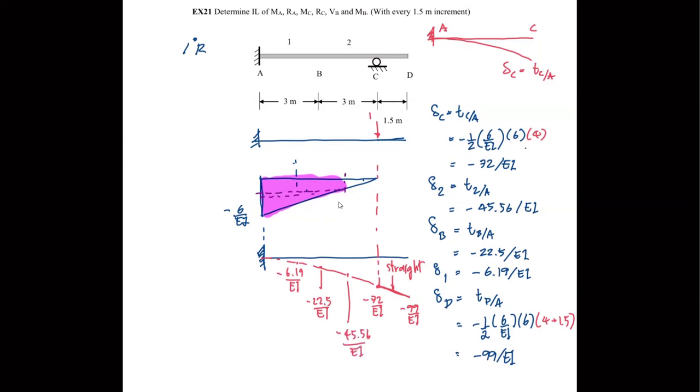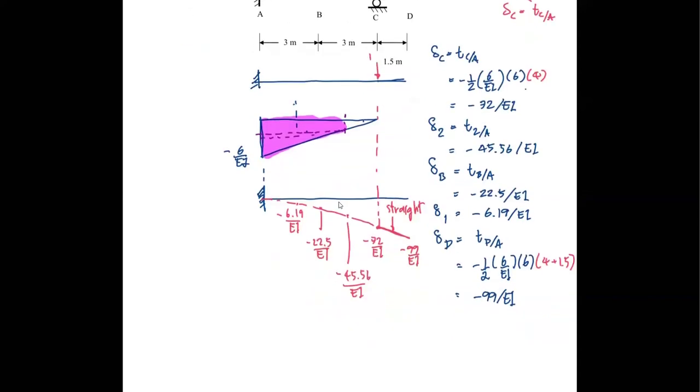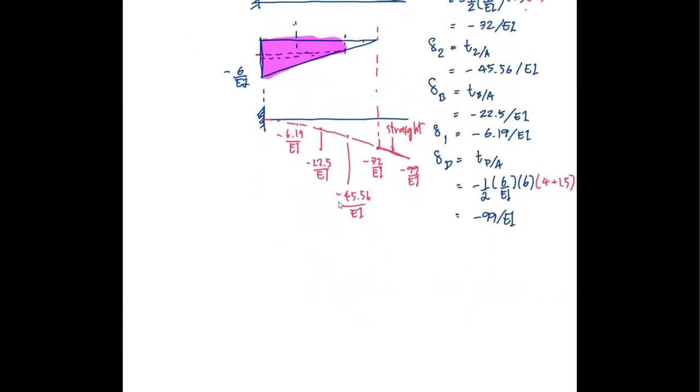And again, we use the compatibility to obtain RC, which means we're going to have to divide everything by the displacement at C, right? So the key is to know which displacement you're going to have to use. And this time, because we remove RC, we're going to have to divide everything by the displacement at C, which is 72. And remember, it's a minus sign, so we flip this.